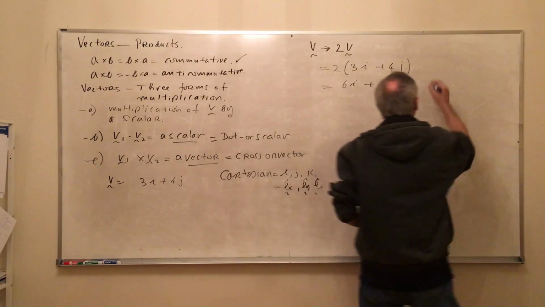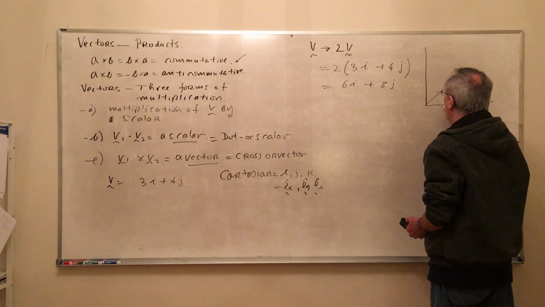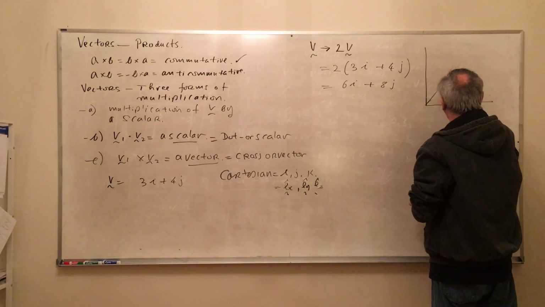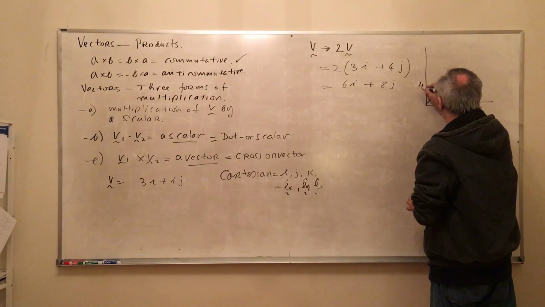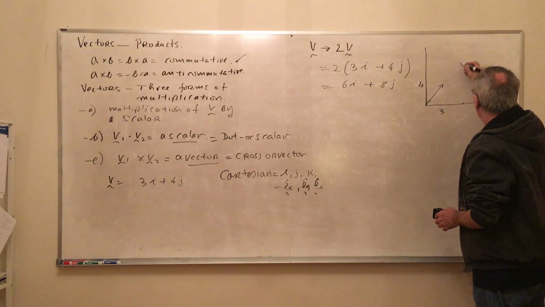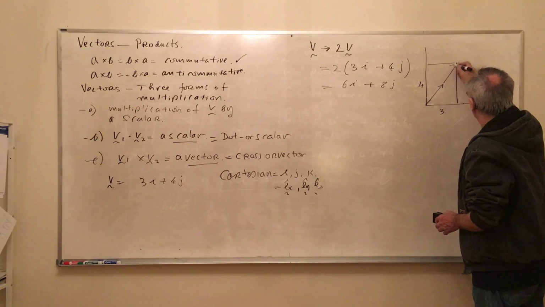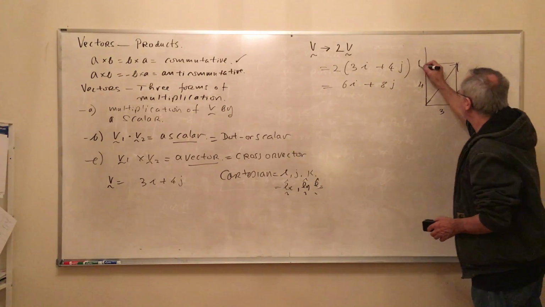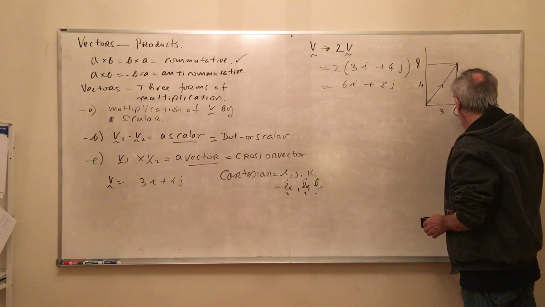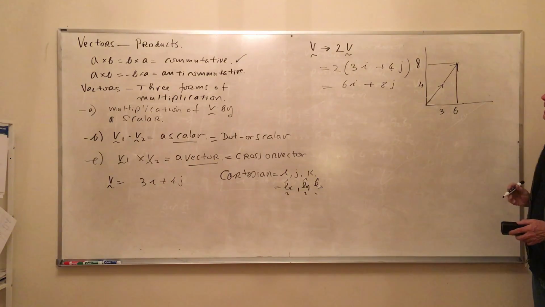Let's see what that looks like. Well, there's the first vector. There's the second vector, just a vector twice as long, but in the same direction. Let's see why.